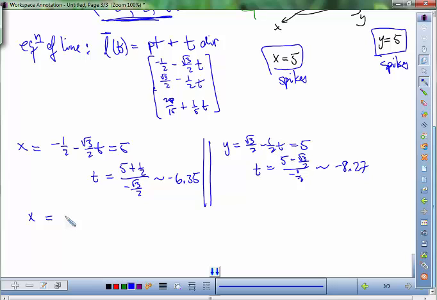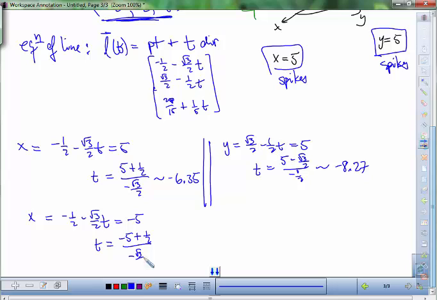x equals -5 this time: -1/2 minus √3/2 t equals -5. So t equals -5 plus 1/2 divided by -√3/2. And what is this? 5.196.